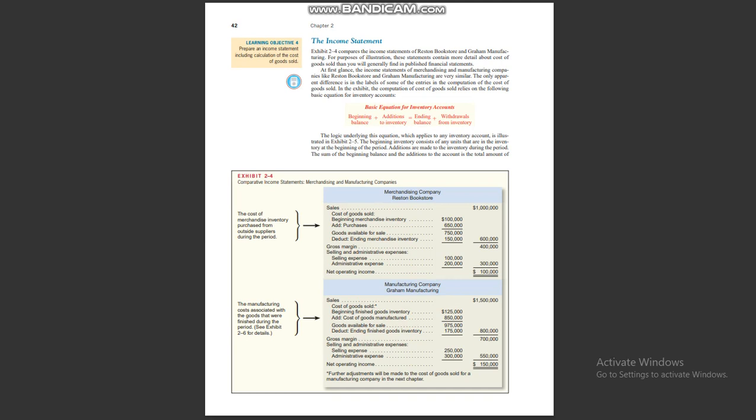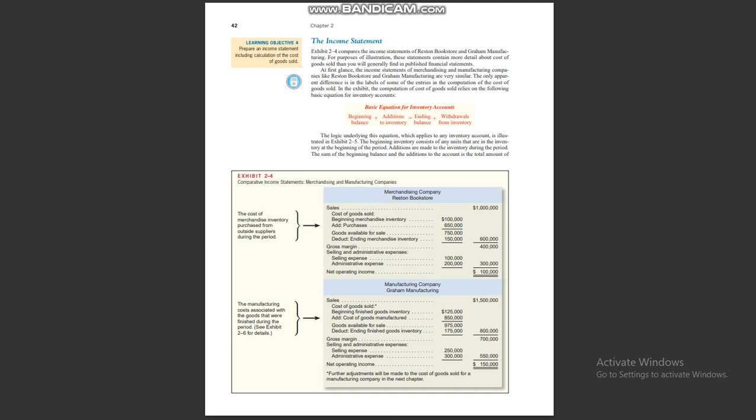Cost of goods sold: beginning machinery inventory 100,000, add purchases 650,000. Goods available for sale is 750,000.